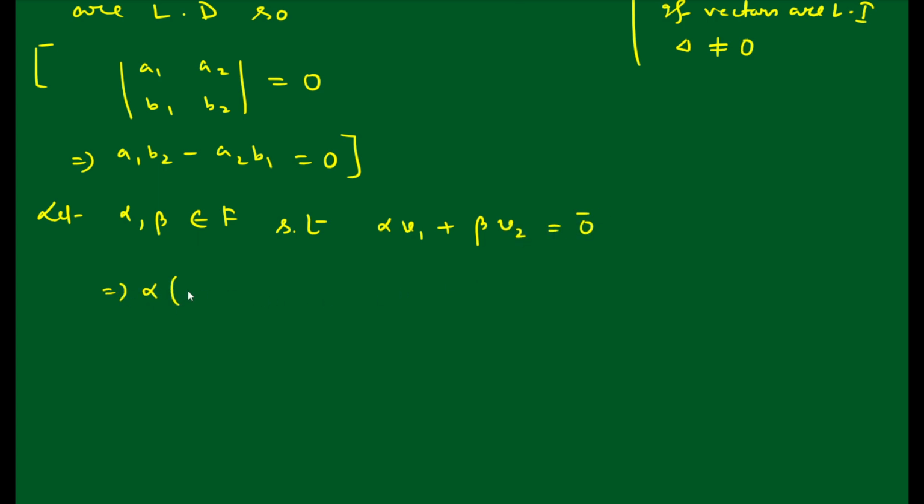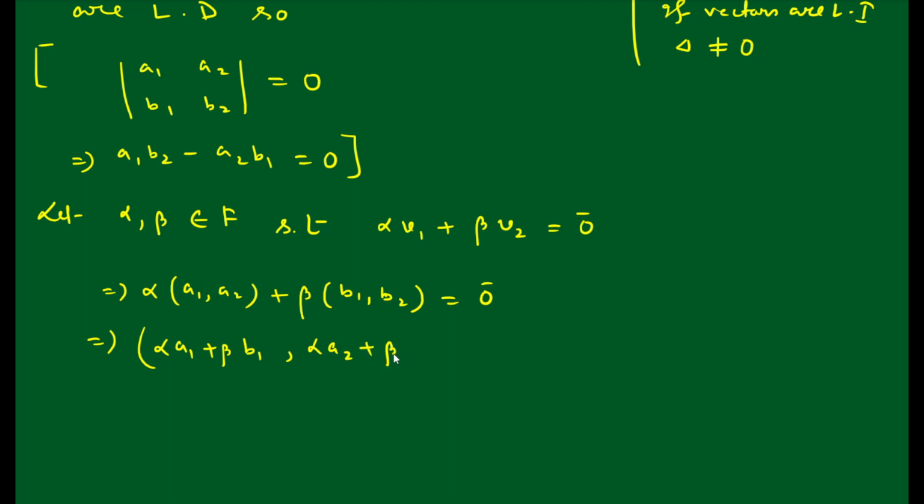Then alpha V1 is our A1, A2, and beta into V2 is B1, B2, equals 0 bar. If you combine them, we'll get two equations: alpha A1 plus beta B1, alpha A2 plus beta B2, equals 0, 0. So just compare, you will get alpha A1 plus beta B1 equals 0, alpha A2 plus beta B2 equals 0.